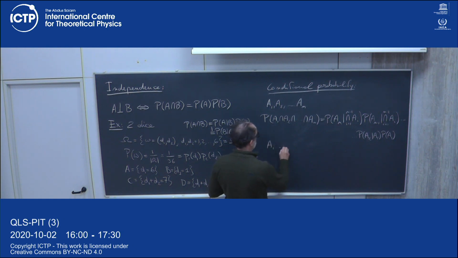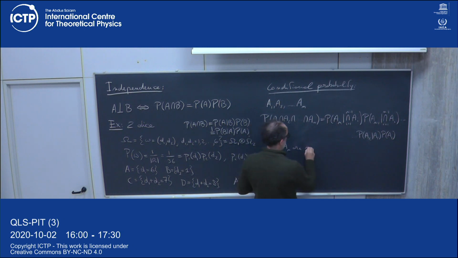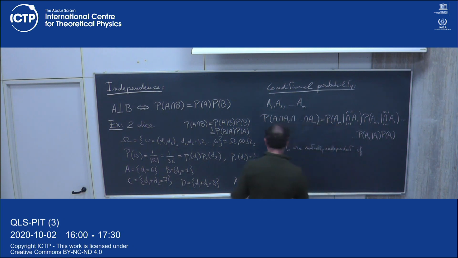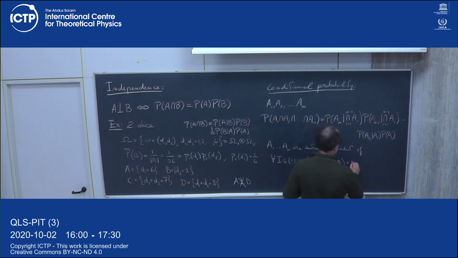So A1, ..., AN are mutually independent if for any choice of a subset of the integers 1 to n, the probability of the intersection of the events in this subset is equal to the product of the probabilities of the events in this subset.